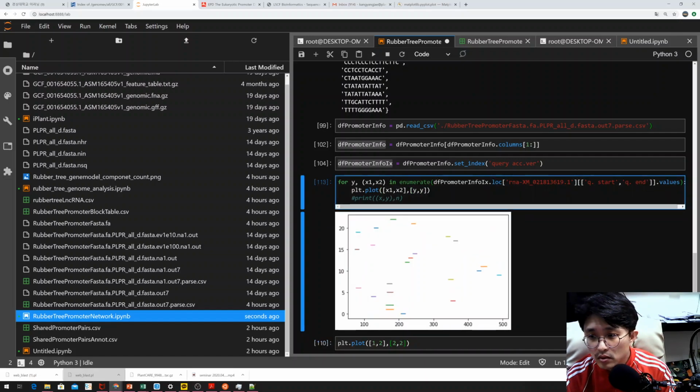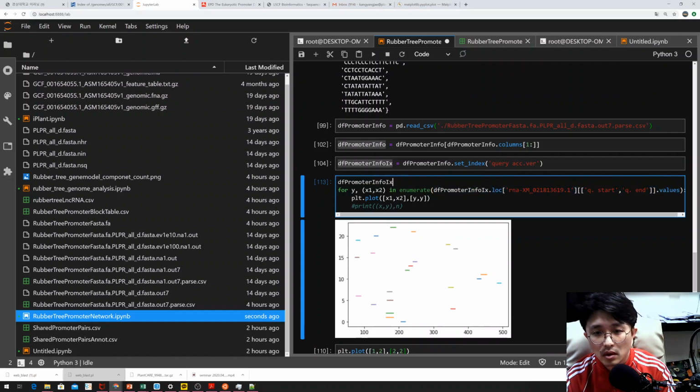And this looks a bit messy. So I will sort by query start in place.